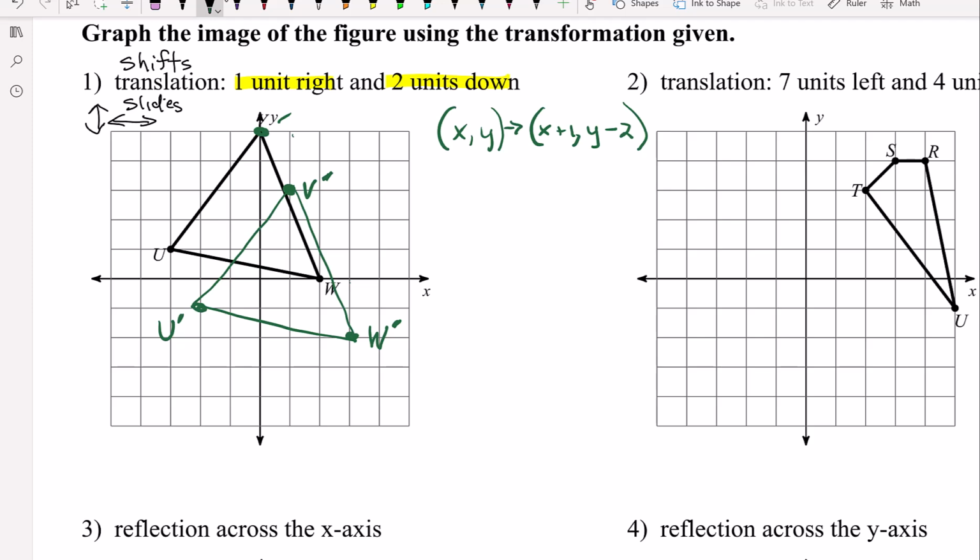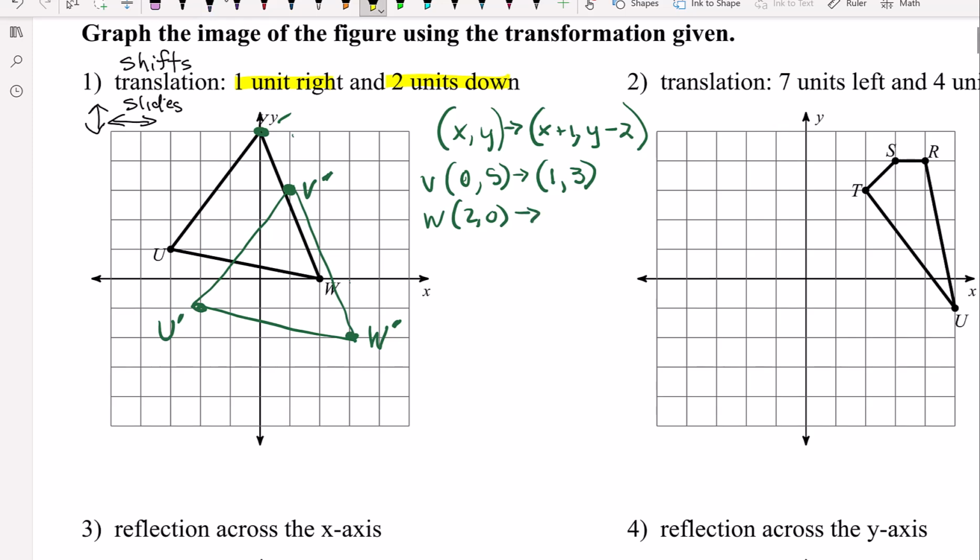So for V, if V is (0, 5), then here, 0 plus 1, that would be 1. And 5 subtract 2, that would be 3. And yep, right there, that's (1, 3). And so W started off being (2, 0).